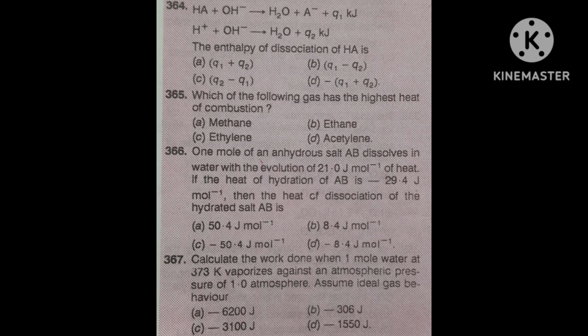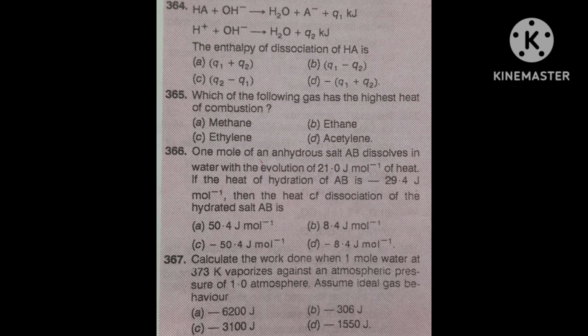Here you have to consider two things in this question. It is given as evolution. Heat evolving means delta H is minus. You have to understand that. Correct? And here the heat of hydration of AB is given.